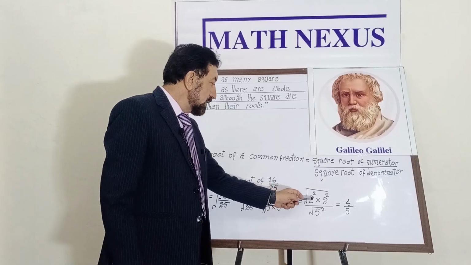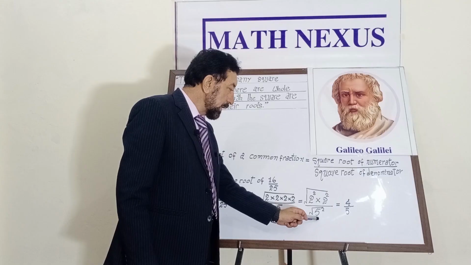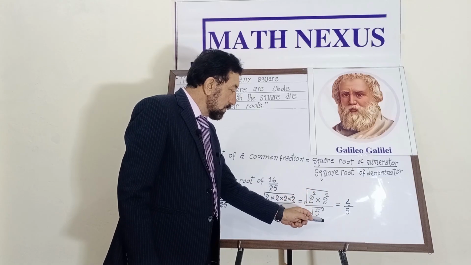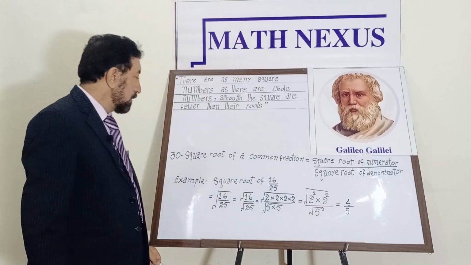We can write this as 2 power 2 into 2 power 2 upon 5 power 2, which is 4 upon 5.